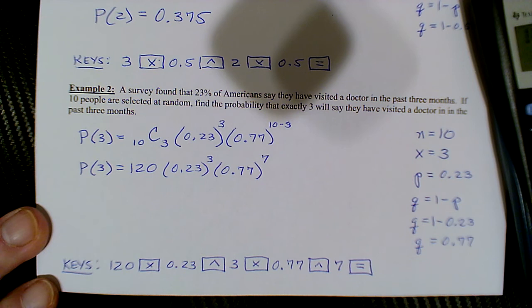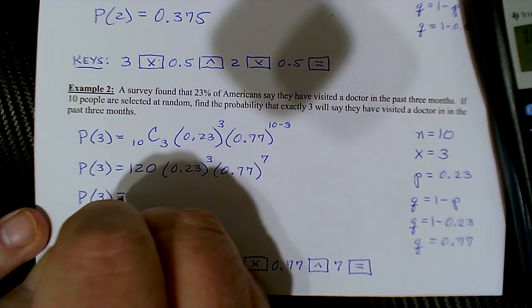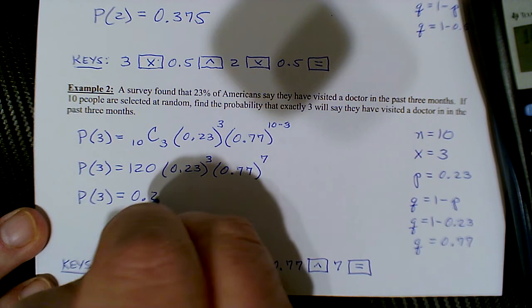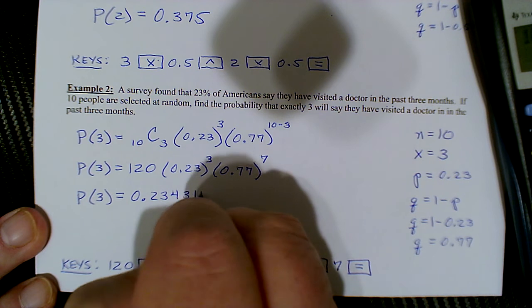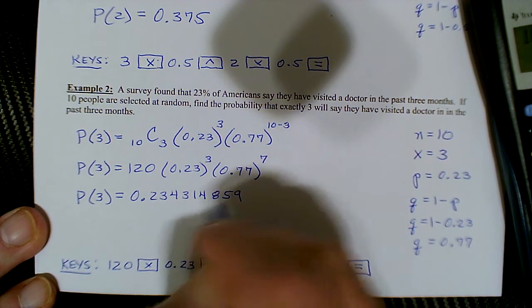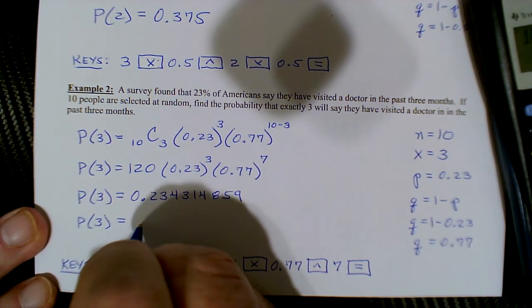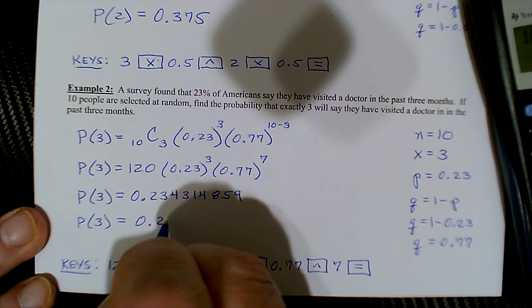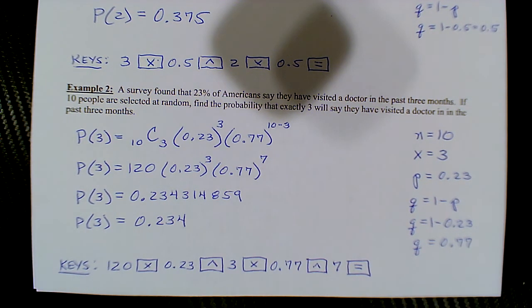So following those keystrokes, you should get that P of 3 is, just so you could check it on the calculator, 0.234314859 is what I got. And you'd round to whatever place value. A lot of times we go to the nearest thousandth, so 3 decimal places, and 0.234. Okay, so going to the next page.